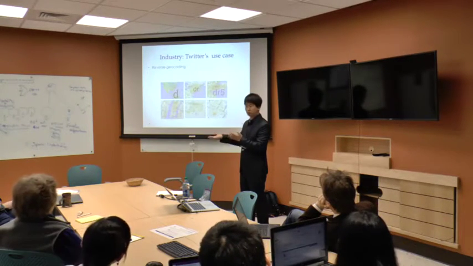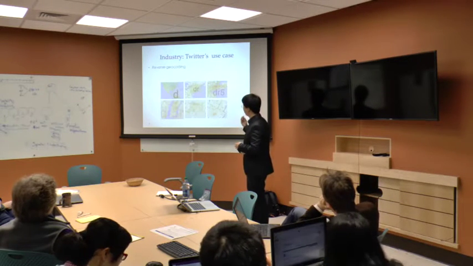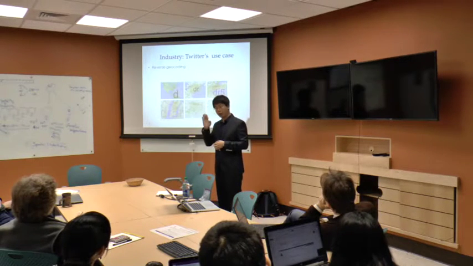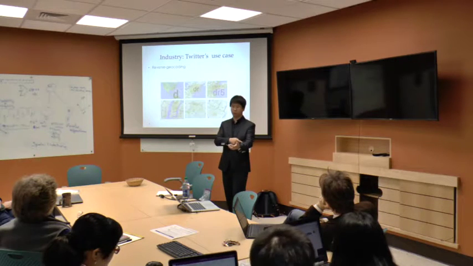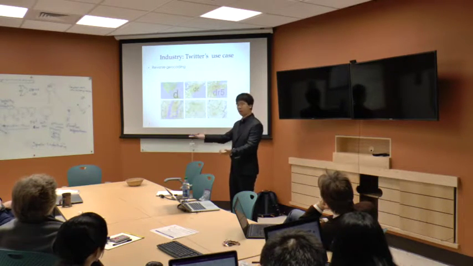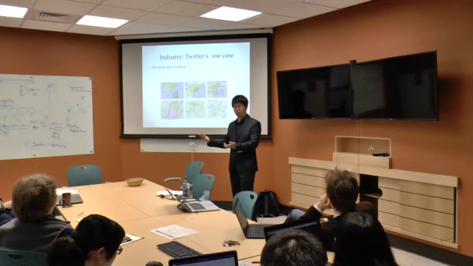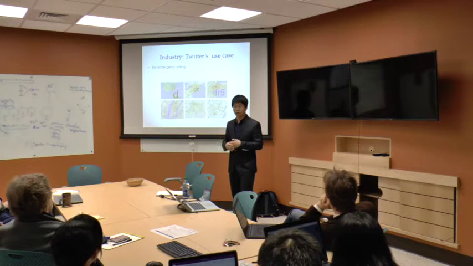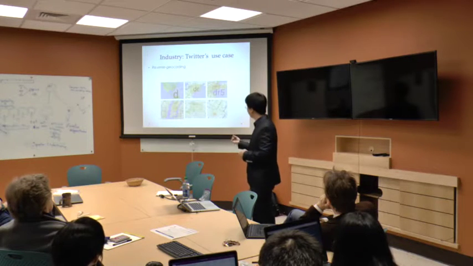Twitter doesn't really have a need to provide you route directions, but it really wants to understand where you come from, who you are, so that it can better target ads. For example, if you are close to a Dunkin' Donuts, it can target either ads for Dunkin' Donuts or for a competitor, say Burger King. Versus if you are in some other countries, that may not even make sense, right? So how do we actually do this?